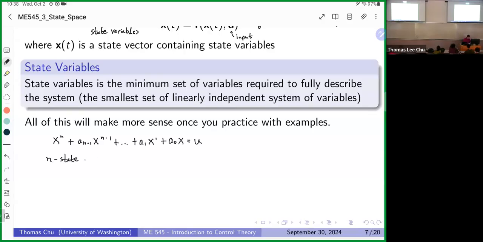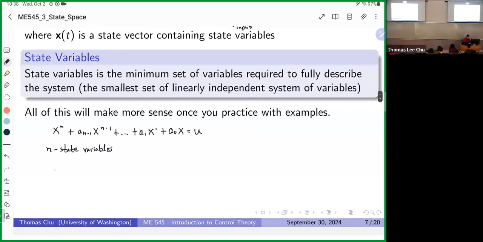And it's not because we have n derivatives. If we rearrange this equation, we can write x to the nth derivative as equal to minus a_(n-1) x to the (n-1) derivative, minus, down to, a1 x to the first derivative, minus a0 x, plus our input.